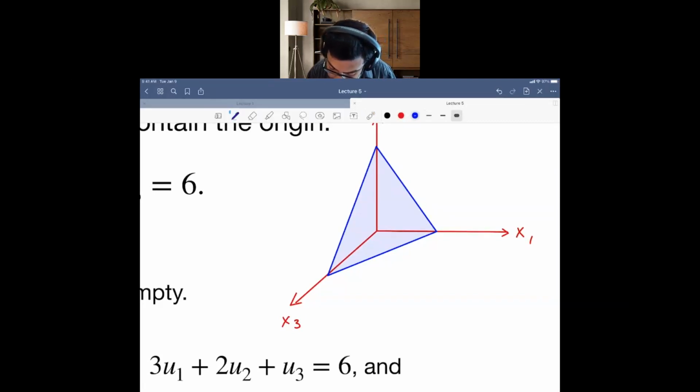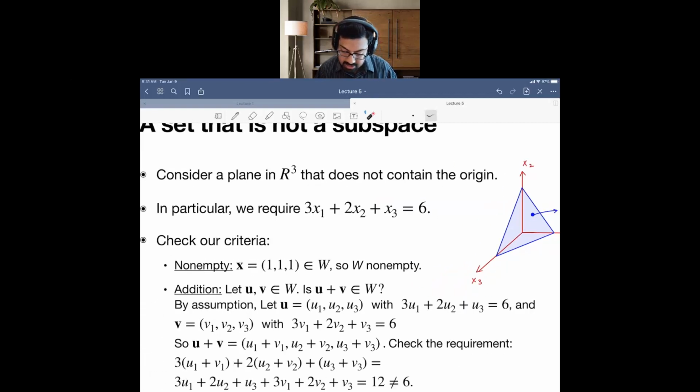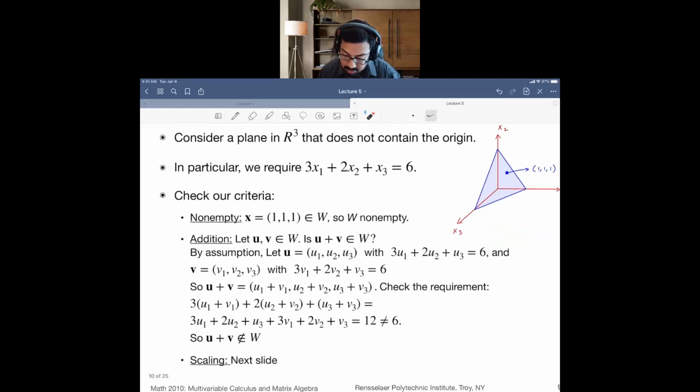This point here I'm using as 1, 1, 1. It is going to be on that plane, right? So that means that it is not empty, because it is satisfying this. So I can say x with 1, 1, 1 belongs to W. That means that my subspace is not empty, which means I have a plane that I can sketch. So it satisfies this criteria. Let me quickly put a check mark over there.